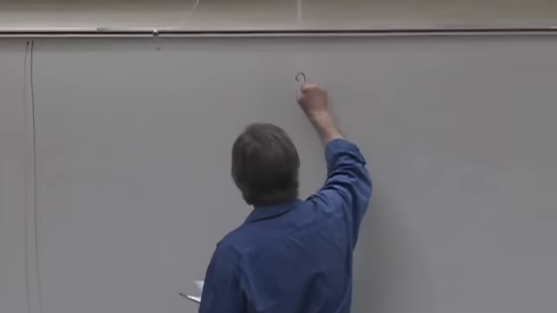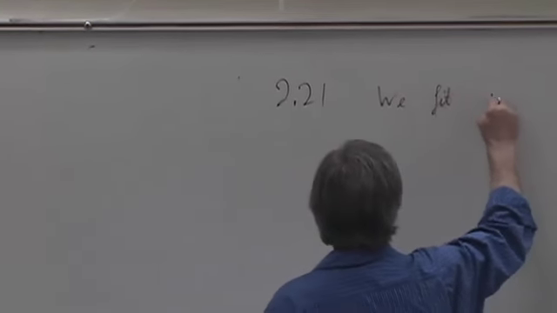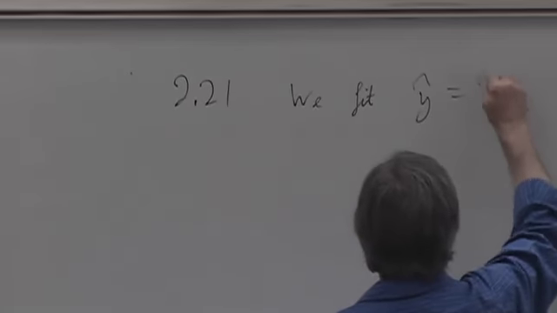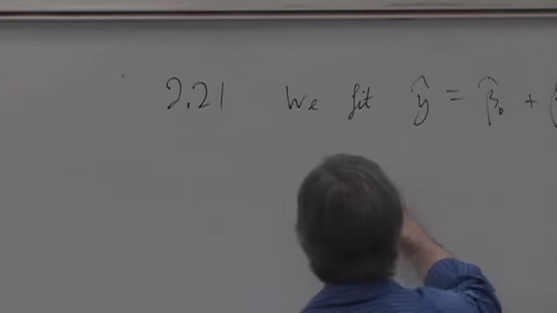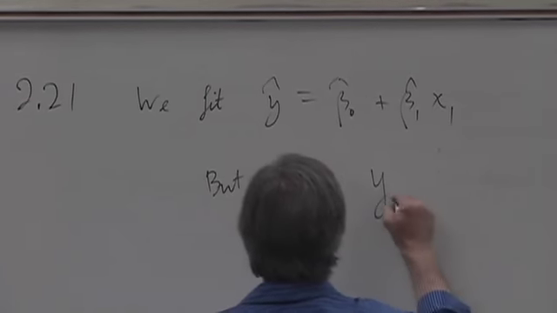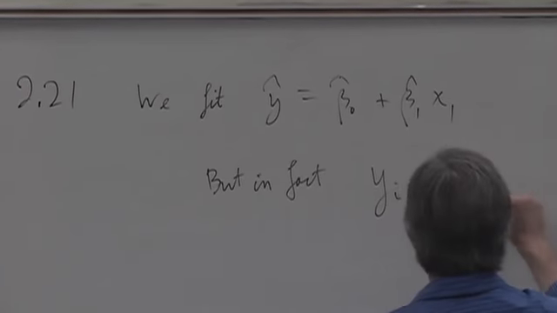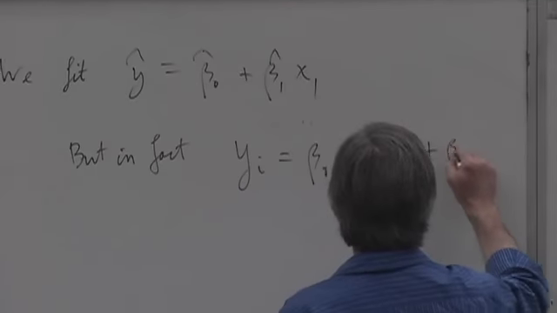Okay, so in 221, we fit y hat equals beta 0 hat plus beta 1 hat x1, but in fact yi equals beta 0 plus beta 1 xi1 plus beta 2 xi2.